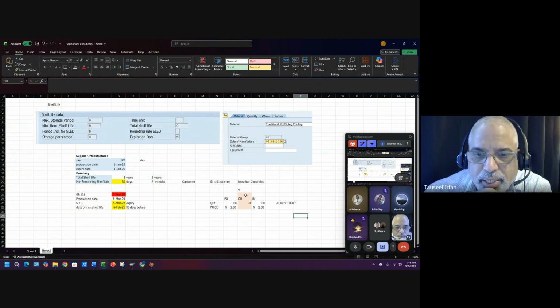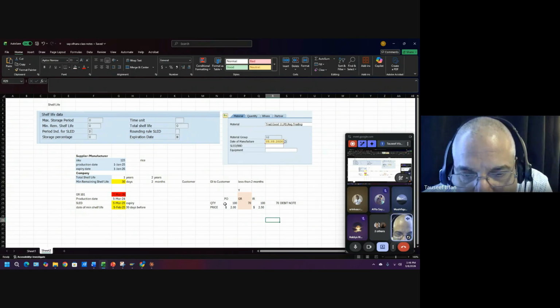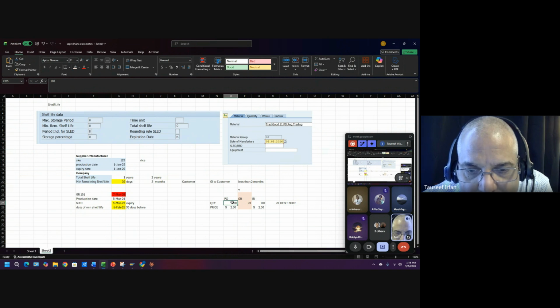The importance of the second step. Yes. But can accounts payable or the supply chain receive an IR or an invoice which is more than the GR quantity? Always, because you have sent a PO to the supplier for 100 units, and the supplier has given you 70, but the supplier has sent you an invoice for 100.